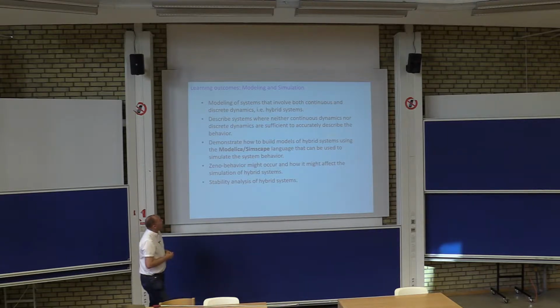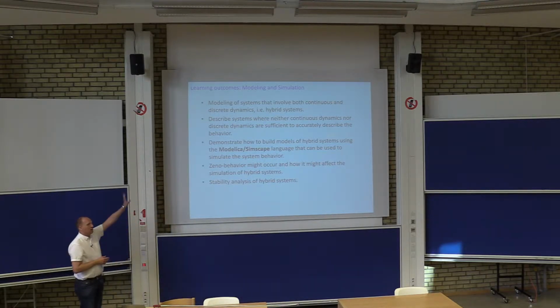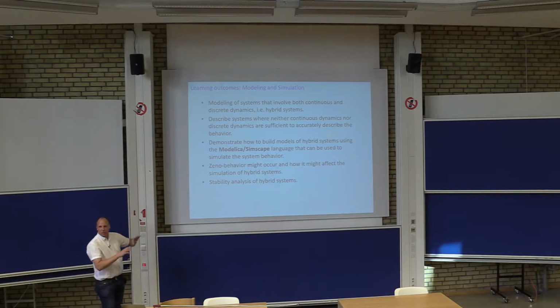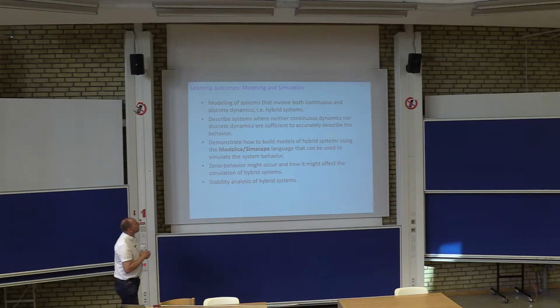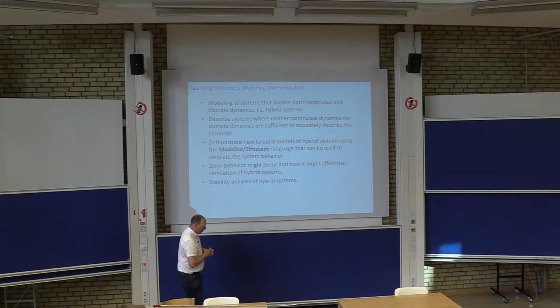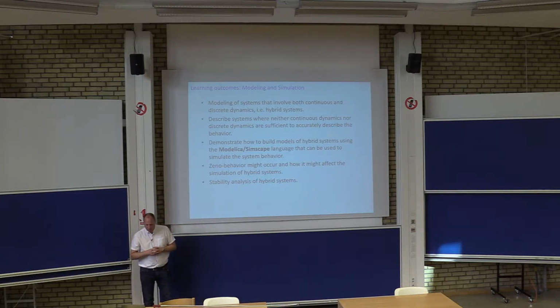When it comes to the learning outcomes, as I said, this will just be a short overview of the more detailed ones that we have in the document on the homepage.